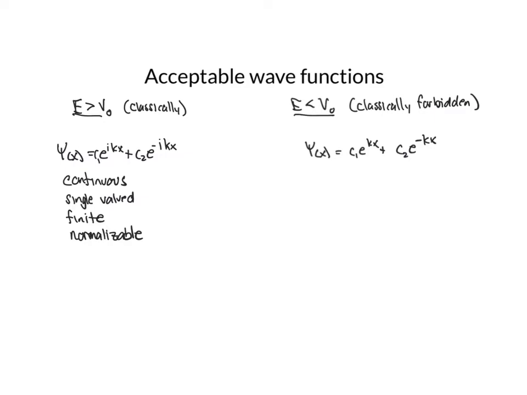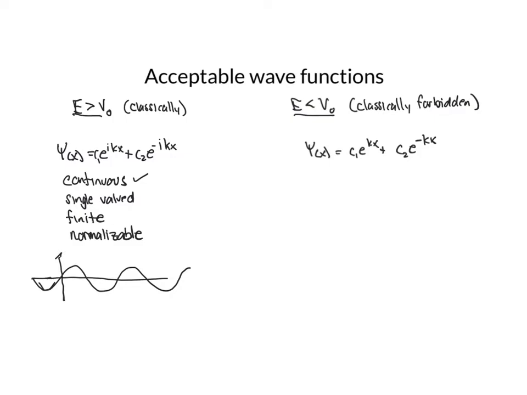So if we think about what these traveling waves look like, they're basically sine waves. And so we can draw a snapshot of that wave that looks like this. And we can see that this function is continuous. It doesn't have any breaks. It's single valued.